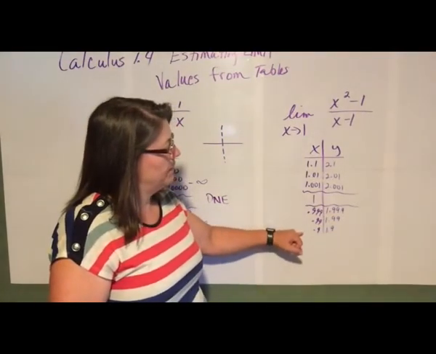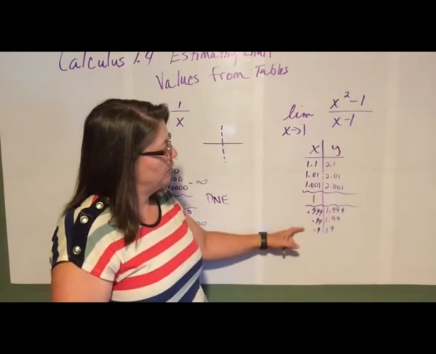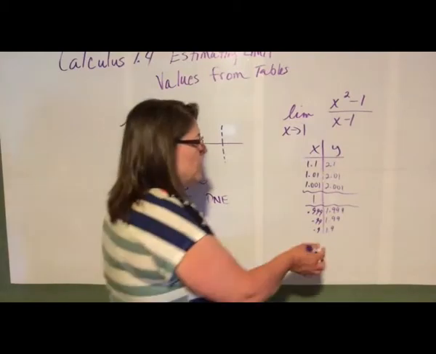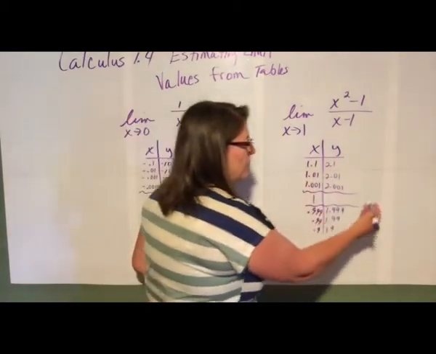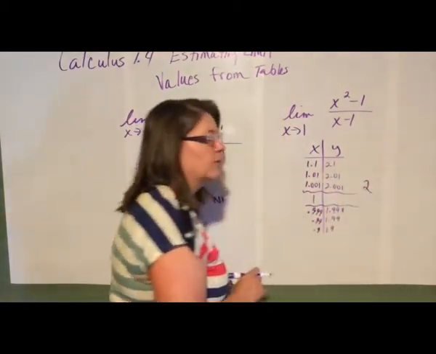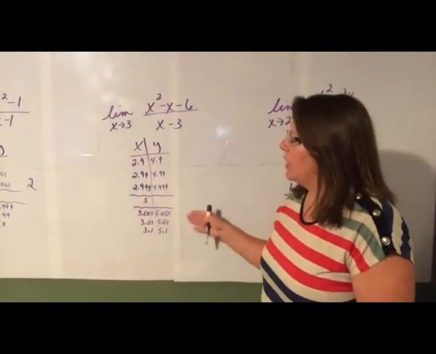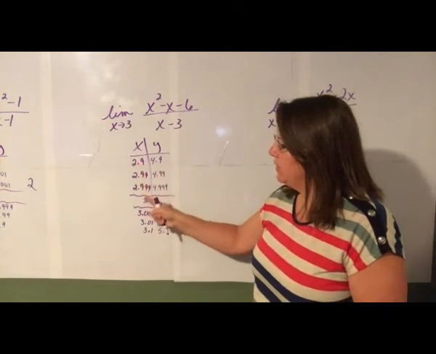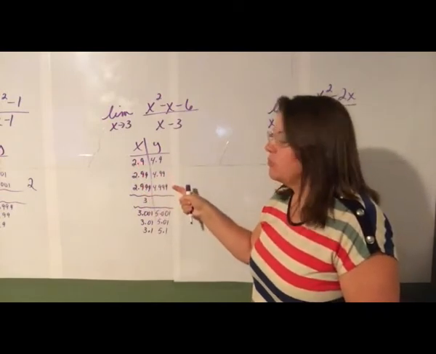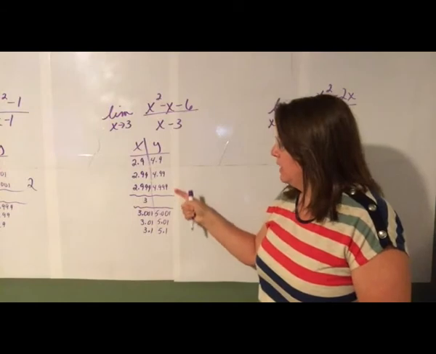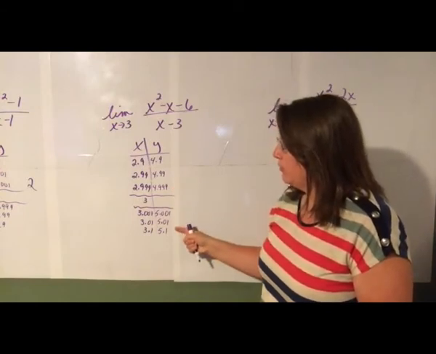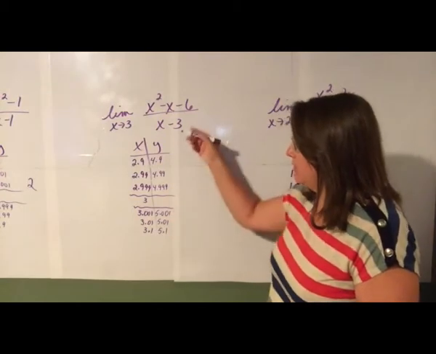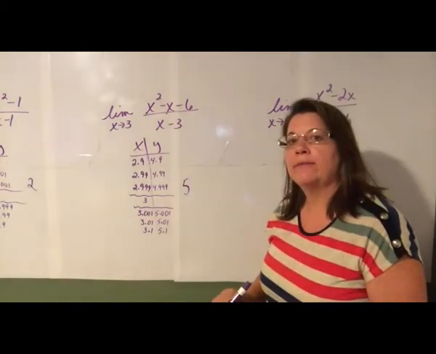And then from the left, it's approaching 2 as well. So since it's doing the same thing on both sides, the limit there would be 2. In the third example, if we approach 3 from the left, it looks like our numbers are approaching 5. And if we approach 3 from the right, again, it looks like our numbers are approaching 5. So the limit here would be 5.